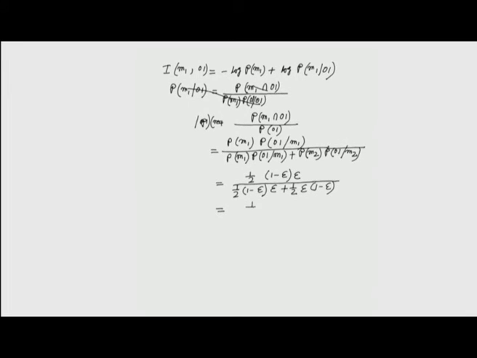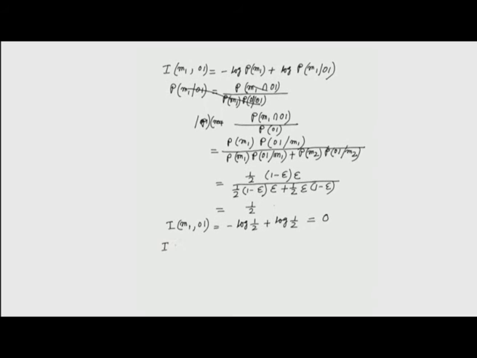So, this value will become half, and as a result, I of M1 comma 0 1 will be minus log half plus log half. So, this mutual information is equal to 0.